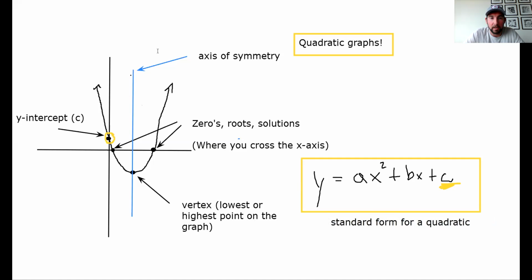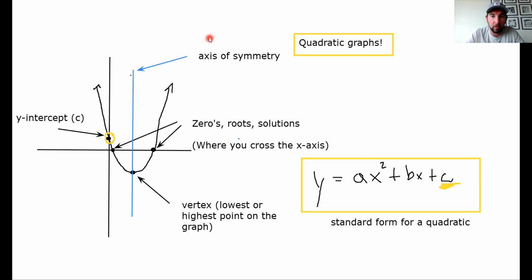The last one I can mention quickly is the axis of symmetry. The axis of symmetry, the AOS, is this middle line that cuts the graph in half. So if I have a point over here, I need to have another point equidistant on this side. That's why it's called symmetrical, right? Like cover half your face, this half should match that half.